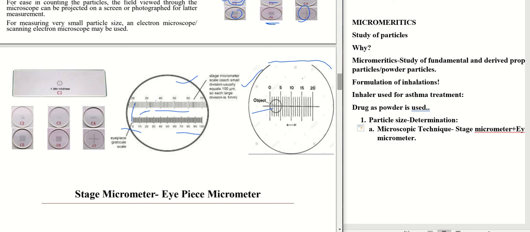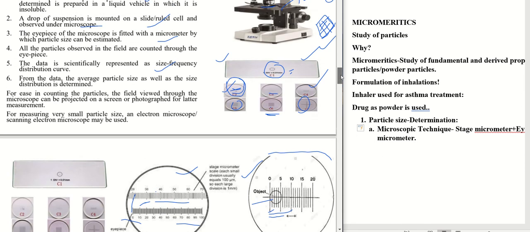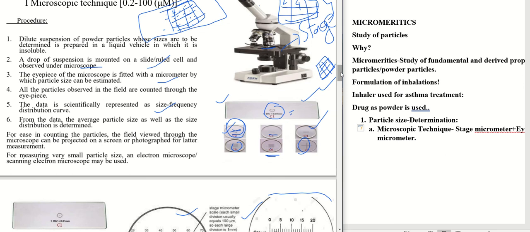If this particle has occupied 5 divisions, you can easily say the size of this particle is 500 micrometers, because each division is equal to 100 micrometers. That is how we can determine the particle size, by how many divisions the particle occupies. And that is how we can determine the particle size and the number of particles by this optical microscopic technique, especially with the use of the stage micrometer and eyepiece micrometer.